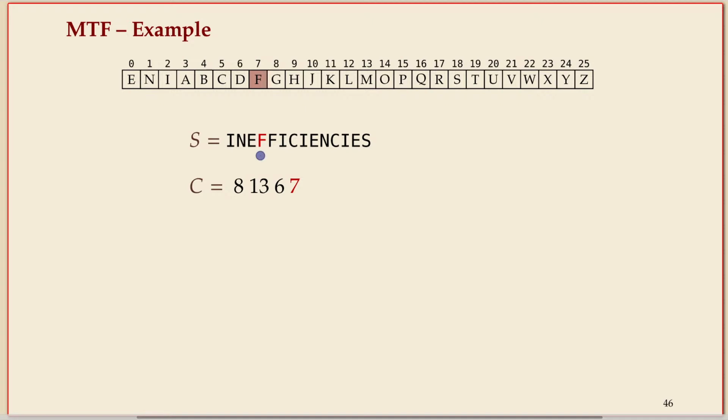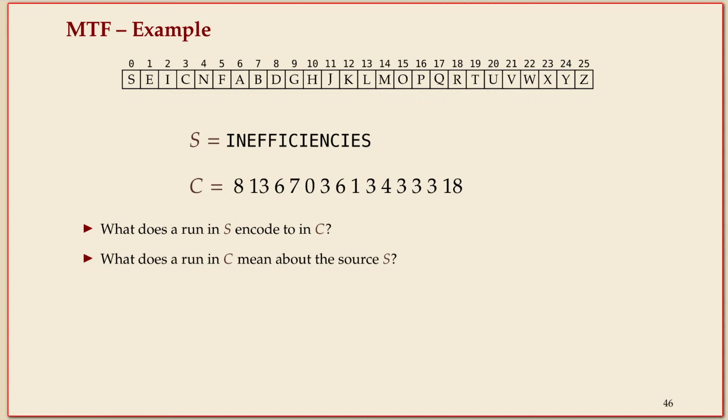I think I can speed up the example. It's the same thing happening over and over. Now, I want to point out two things that might give you an intuition why this transformation is any good.